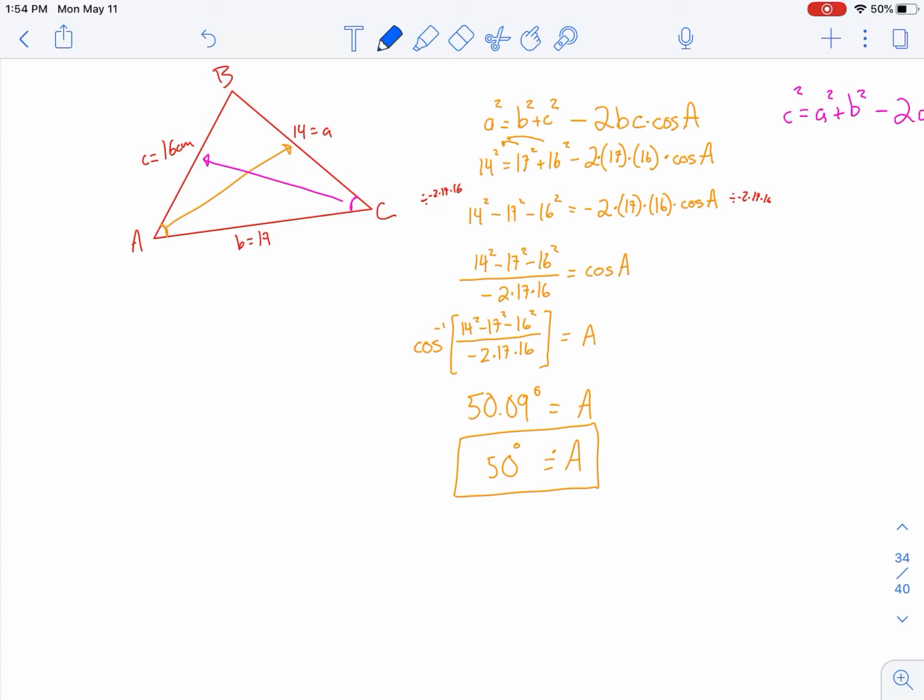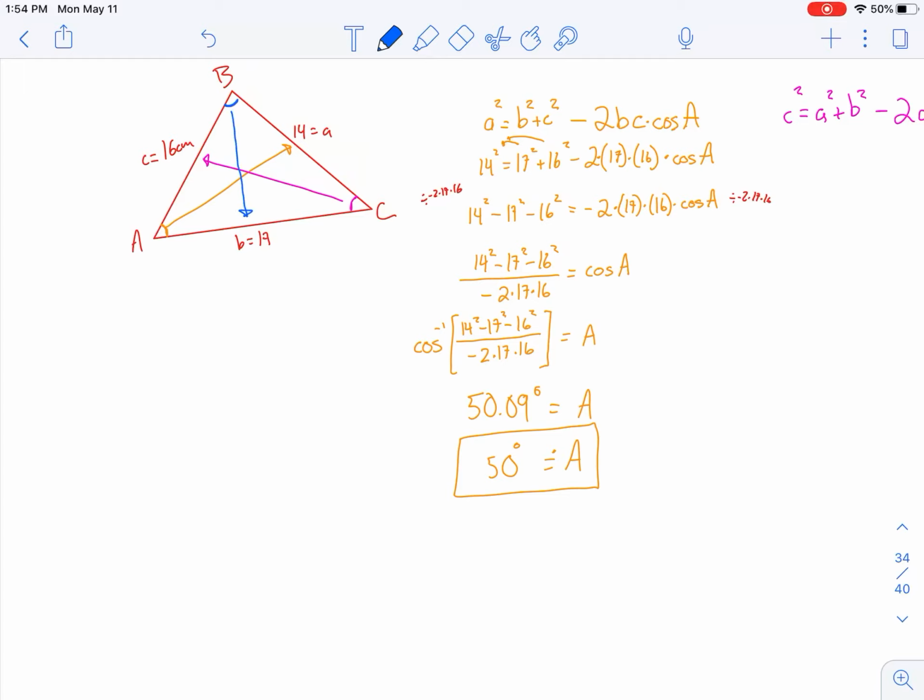So now that we have angle A being 50 degrees, our complete ratio is going to be sine A over A, and then we can solve for, let's go B next for no particular reason, sine B over B. So this will be our next ratio.